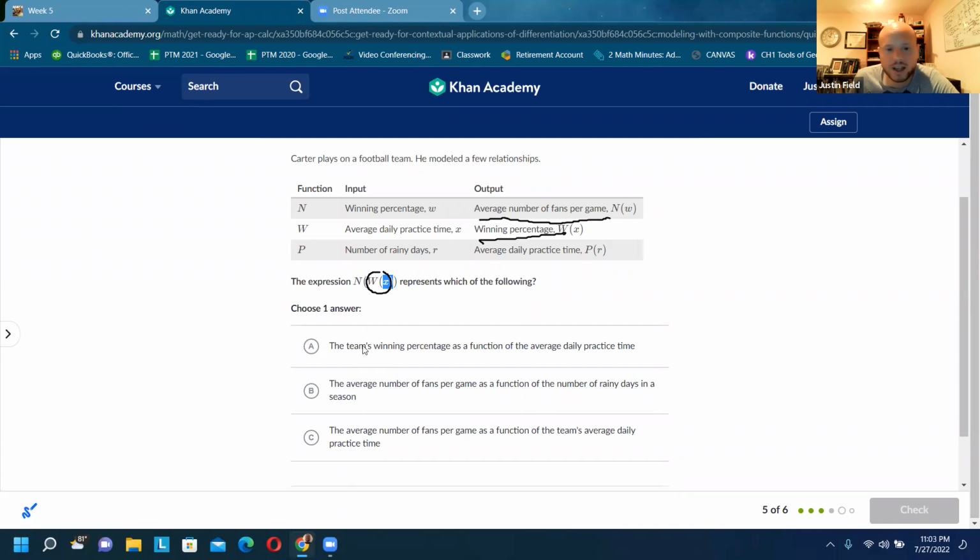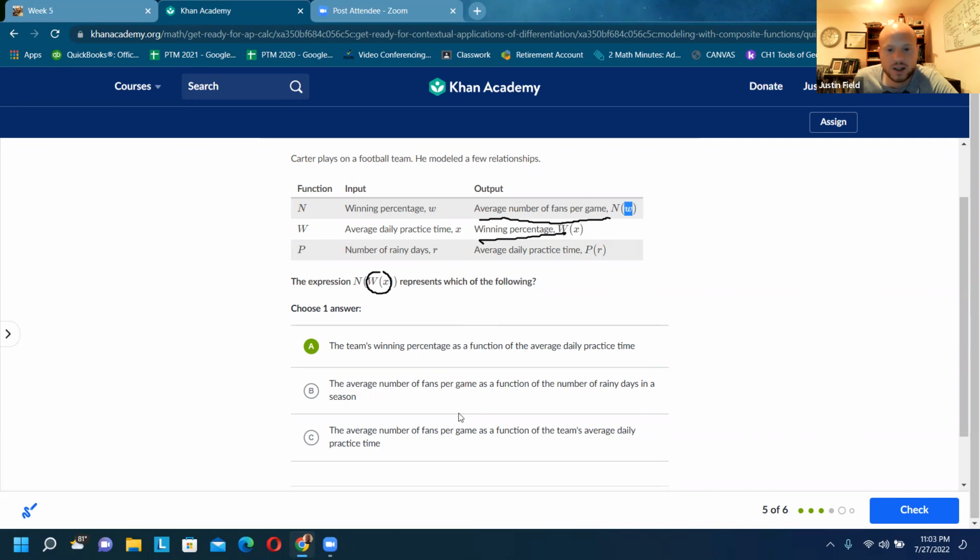This one is not including the team's winning percentage as a function of the average daily practice time. But what about the N, the number of fans? Well, let's look. X is our independent variable. In this one, W is the independent variable, and that's winning percentage. So X is the average daily practice time.